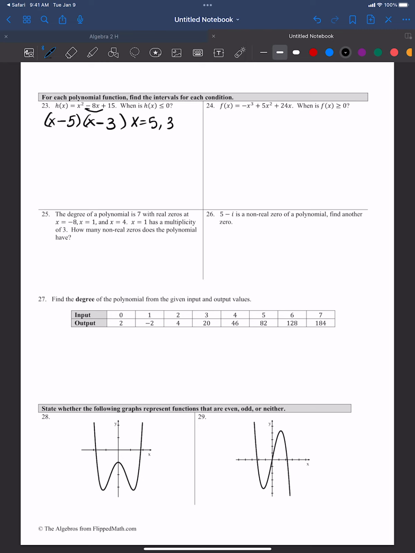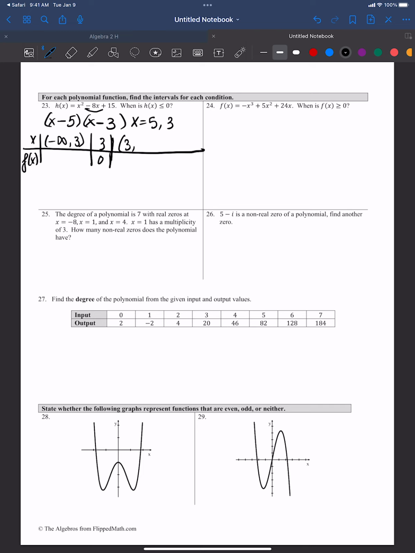Now, this is where it's going to be a little tedious, and I'm not going to spend too much time doing that, but essentially what's going to happen is you need to figure out what's happening on the interval from negative infinity to 3, what's happening at 3, which we already know, 0, because these are the zeros of my functions.